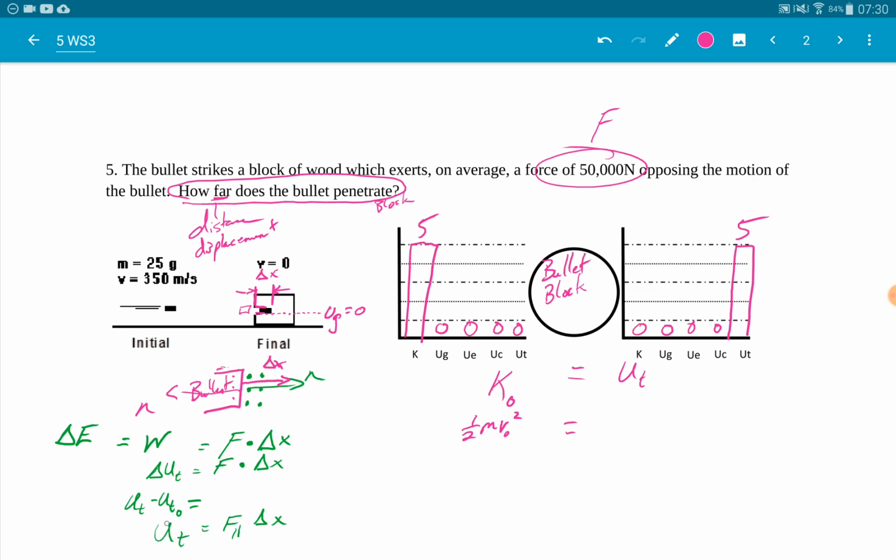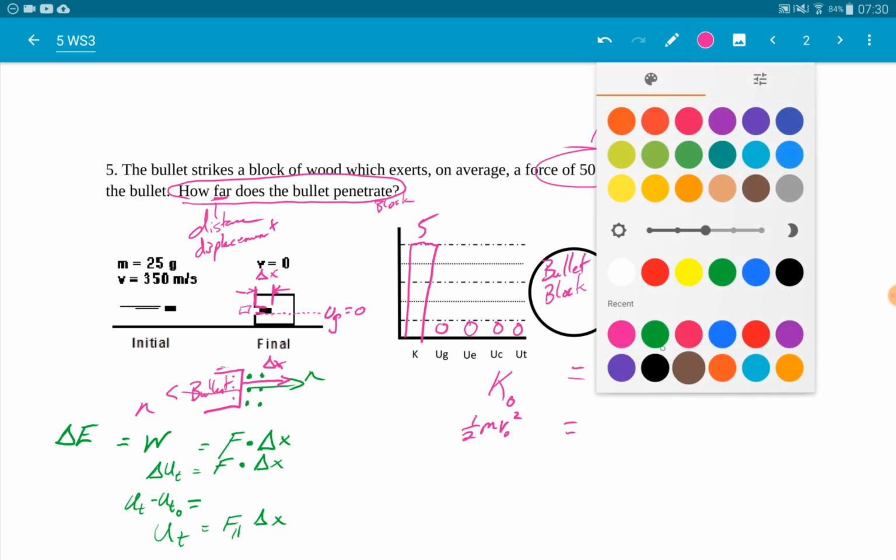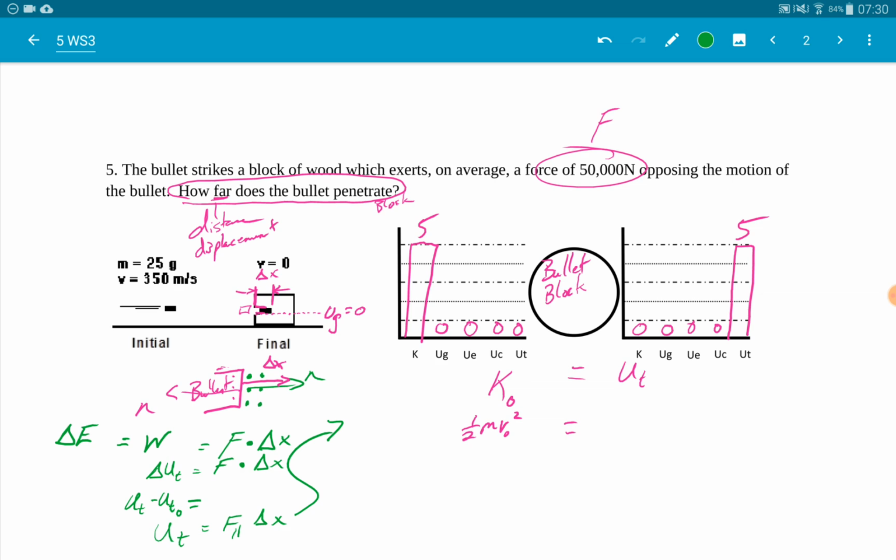Now I know UT, I know that force, and I'm just solving for the delta x. I ran out of room, so I'm going to move this up to the line right there. I'll divide by that force, and that's going to be equal to my delta x. So what is this stuff?